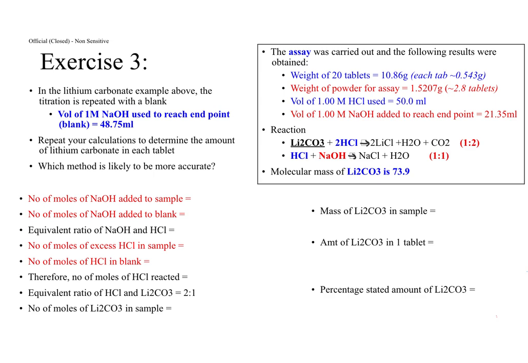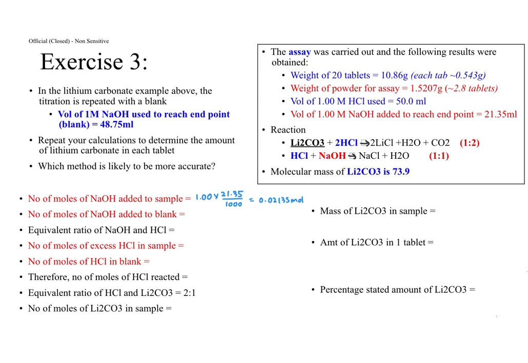So let's do the calculations step by step. First, let's determine the number of moles of sodium hydroxide added to the sample. This can be determined by taking the concentration of sodium hydroxide, 1.00 molar, times the volume, which is 21.35 ml, but we need to convert that to liters. So that's 0.02135 moles of NaOH added to the sample.